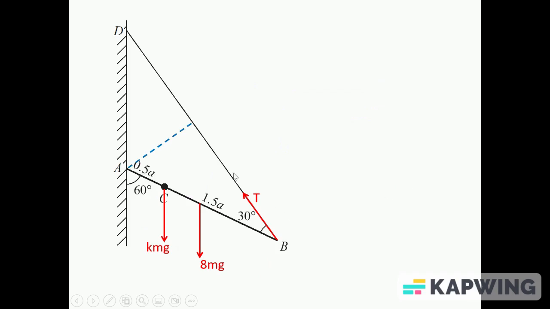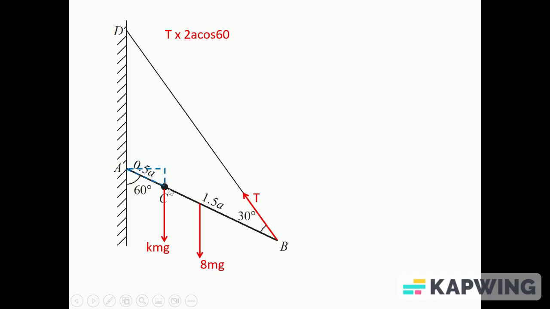The other way to do it, of course, is looking at the perpendicular distance. The tension acts along the string, so that's the perpendicular distance. That's 30 degrees, so this angle is 60 degrees. So this perpendicular distance is 2a cos 60.